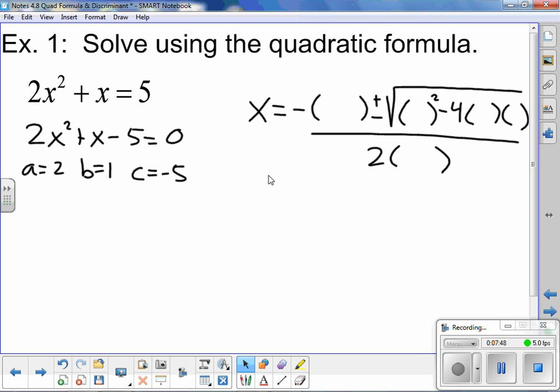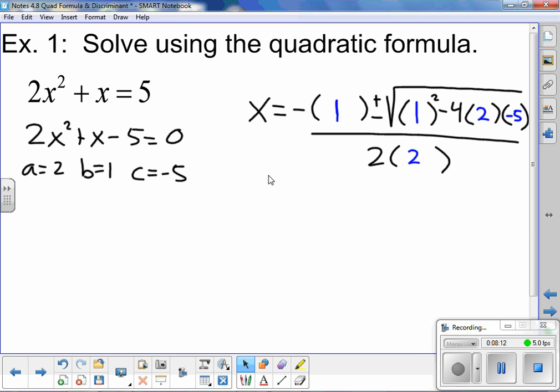I do want you creating your structure like this where you put blank spots anywhere we're substituting in. So negative b is a negative, your b's are 1s. So the first one's a b, this one's a b squared minus 4ac. So a is a 2, c is a negative 5, all over 2a, which is a 2 right there.